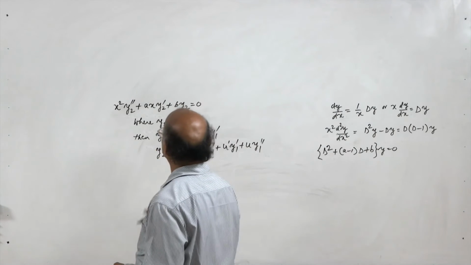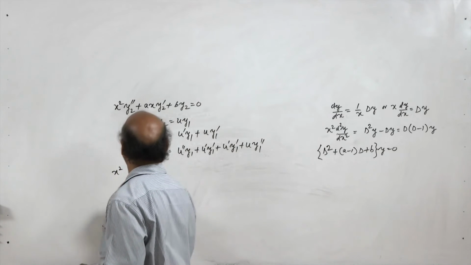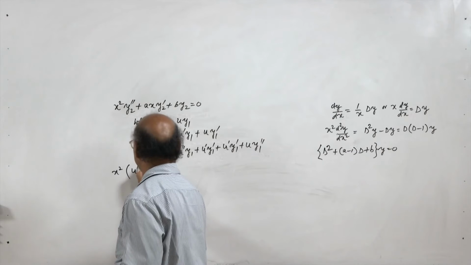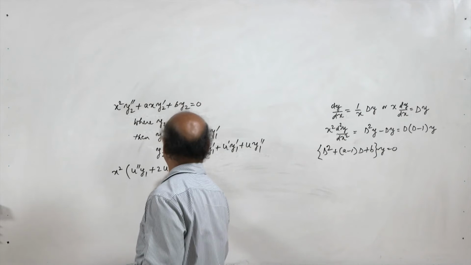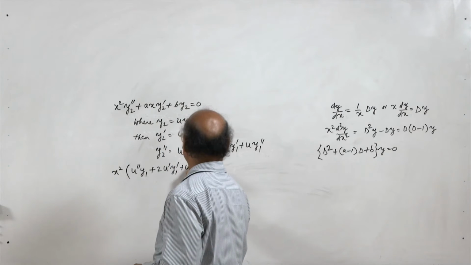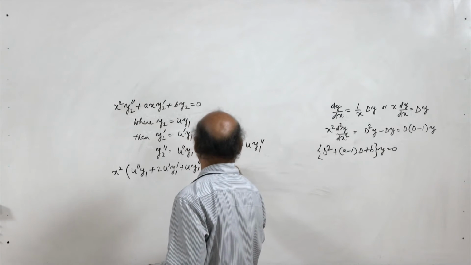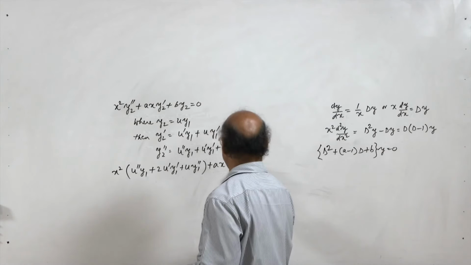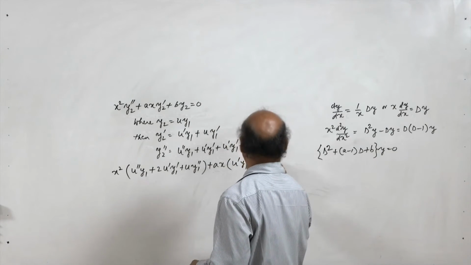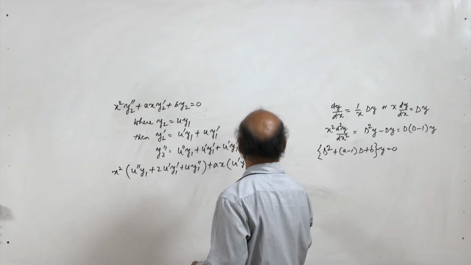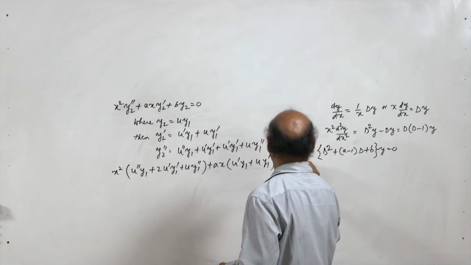Okay, let us substitute these values of y2 dash and y2 double dash in this equation. We get x square y2 double dash, which means u double dash y1 plus 2 u dash y1 dash plus u y1 double dash, plus a x y2 dash, which will be u dash y1 plus u y1 dash, plus b u y1 equal to 0.